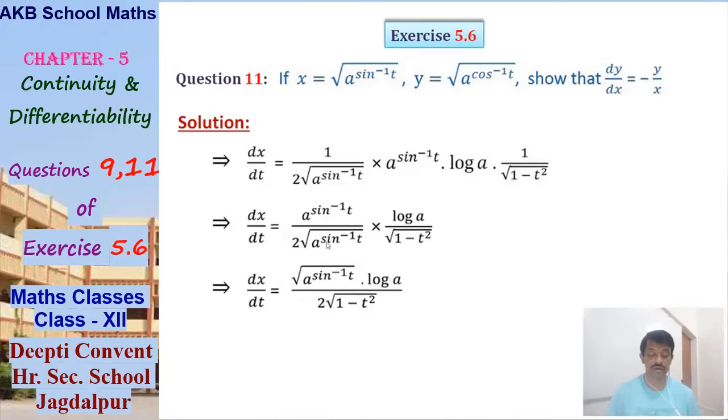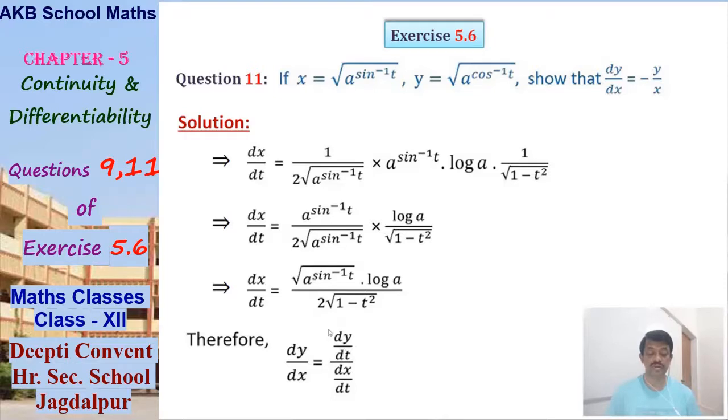Also we can write dx by dt like this, because there is a root here and not here, so we can multiply numerator and denominator, and then dx by dt equals 2 root of 1 minus t square root of a^(sin inverse t). Root of this and root cancel, we get like this. Now therefore dy by dx equals dy by dt upon dx by dt.